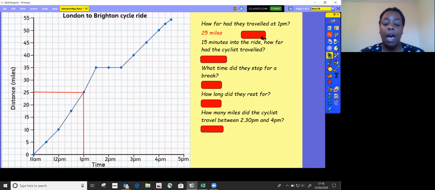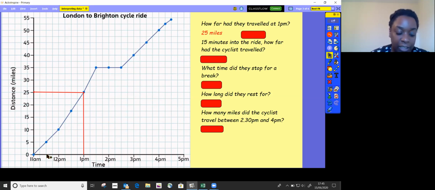Okay. Next, 15 minutes into the ride, how far had the cyclist traveled? Right, so now we need to look at the time axis down here on the horizontal axis, and we can see that we've got 11 a.m. here and 12 p.m. here, and we've got a few jumps in between. So I know straight away that halfway in between would be 30 minutes, that'd be 11:30.